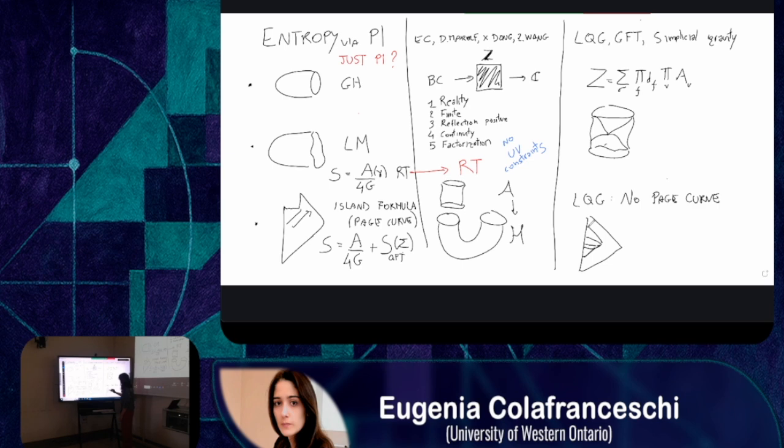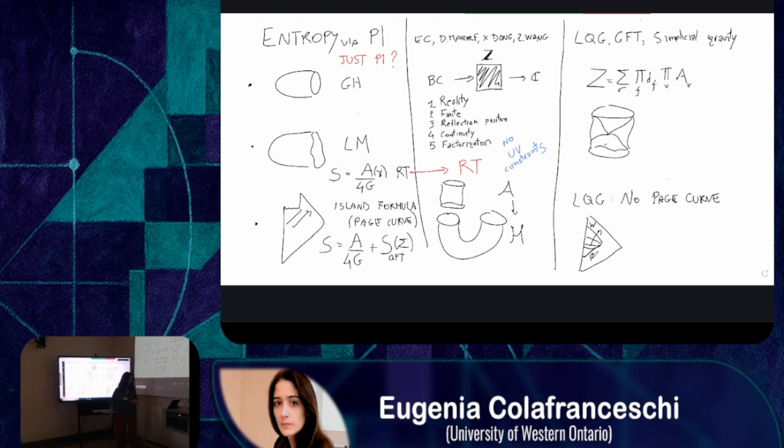And so information actually goes out through the white hole. This is the white hole, and this is the black hole. So in this remnant scenario, there is not even a Page curve. So as you can see, there is a conflict between these two computations of entropy.